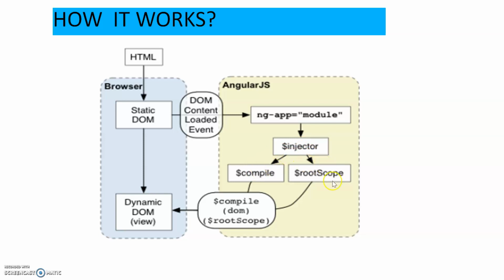These are the scopes; we will check out the scopes in further sessions. Then these values, either compile or root scope values, can be used to modify the DOM. So this modification will be dynamic. As we have seen, whatever we type in the text box, the contents are updated in the paragraph. So a dynamic view change happens. Like this AngularJS works. Let's move next.